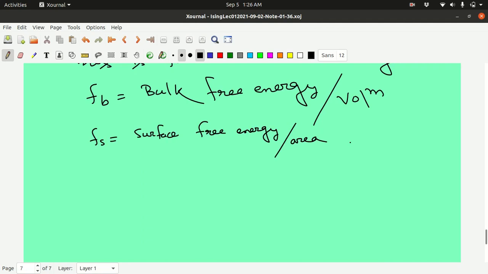And as the volume tends to infinity, F_B equals the limit as V tends to infinity of F by V.